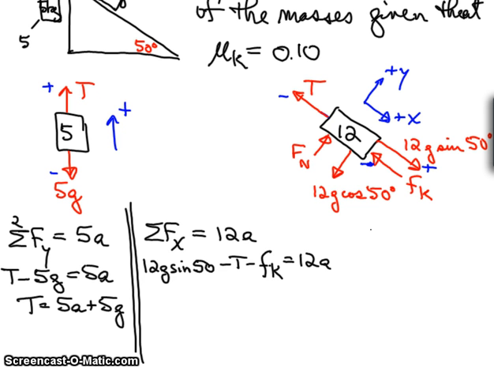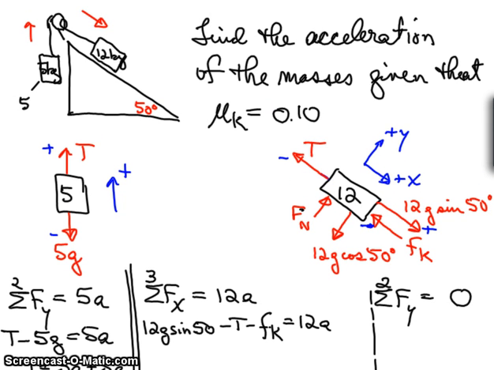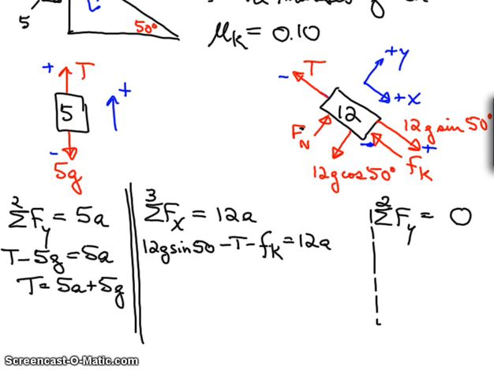direction first, and I will leave myself a little bit of room there. Sum of the forces in the Y direction, there were 3 here, there's 2 here, is going to equal 0. You don't expect anything to happen, as I've said before, in this direction. The acceleration in that direction should be 0. So, back to our math, and we have the sum of the forces.